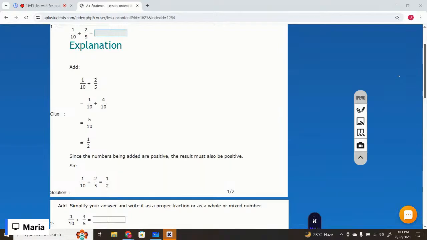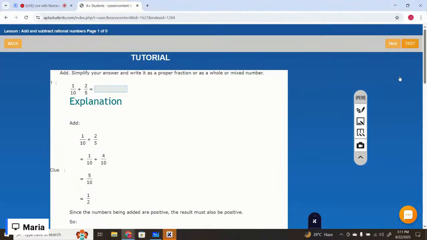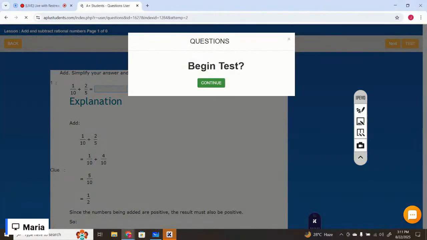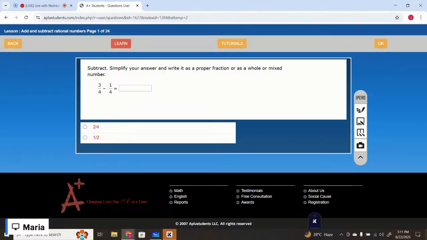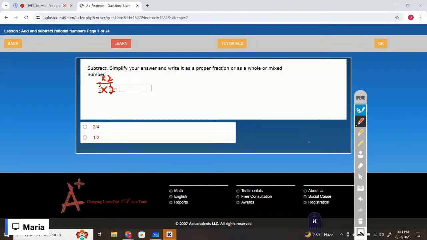Let's just start with the test questions. 3 by 4 minus 1 by 4. They both have exactly the same denominators. So 3 minus 1 equals 2 over 4.